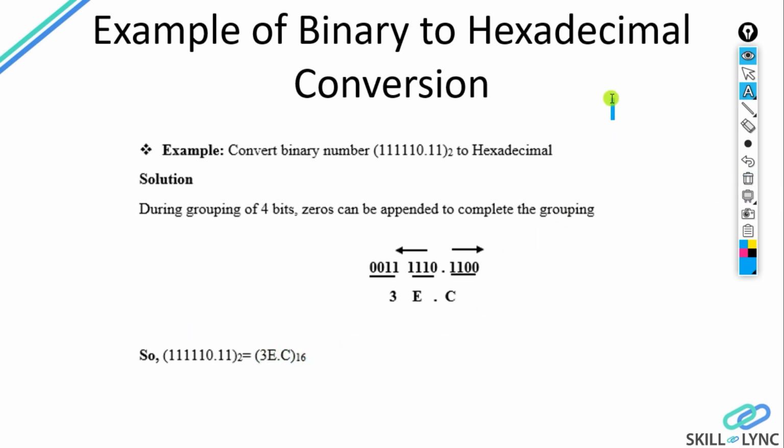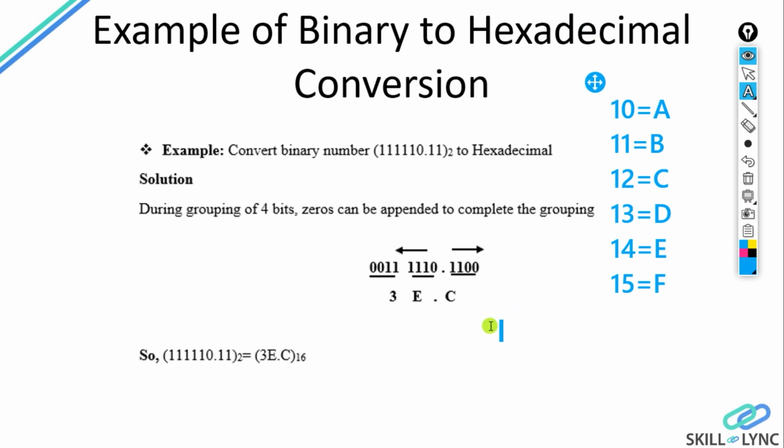Just as a recap, you write 10 as A, 11 as B, 12 as C, 13 as D, 14 as E, and 15 as F. In hexadecimal, we can't write 10, 11, 12, 13, 14, 15 as such. After 0 to 9, you write A, B, C, D, E, F.